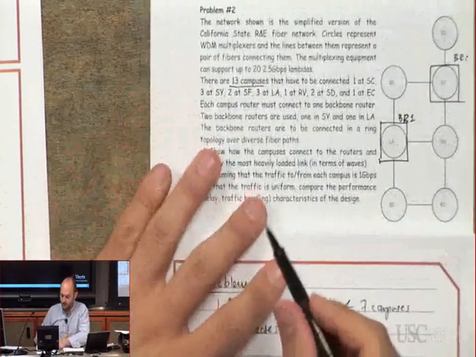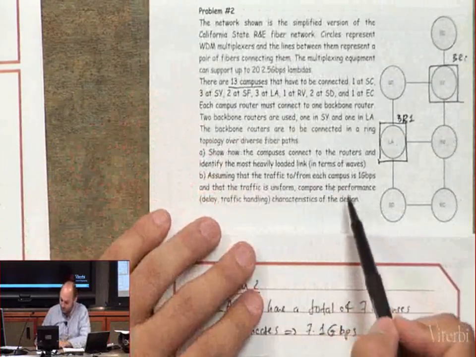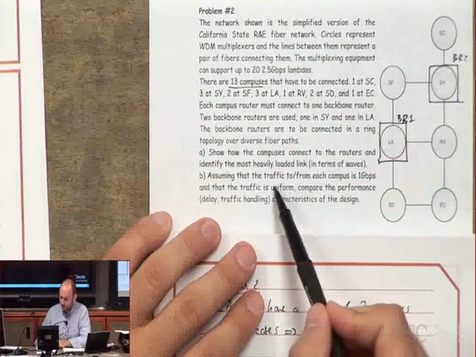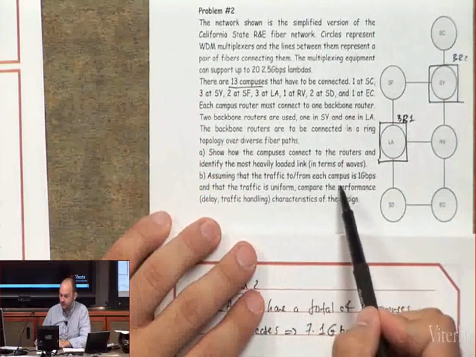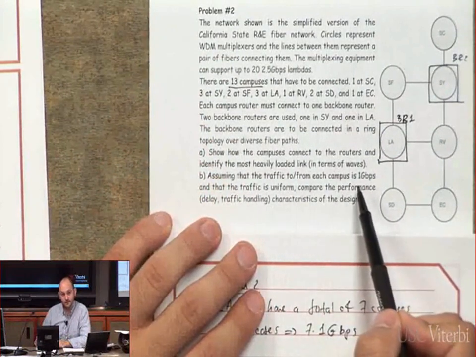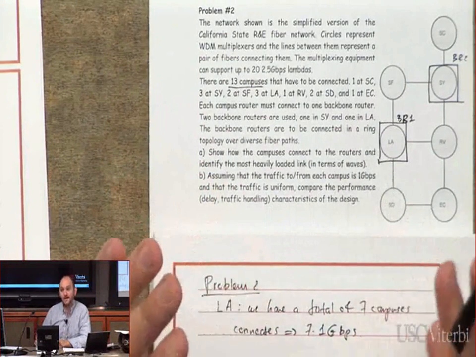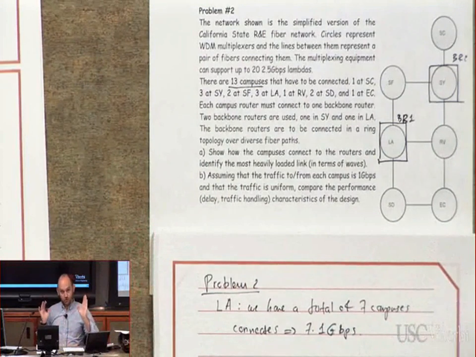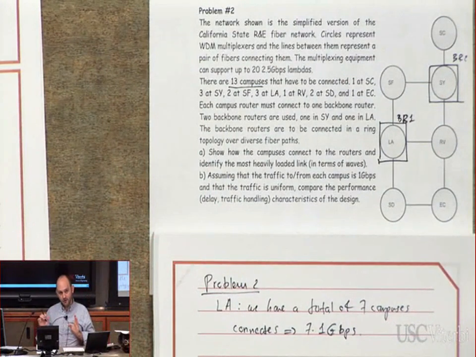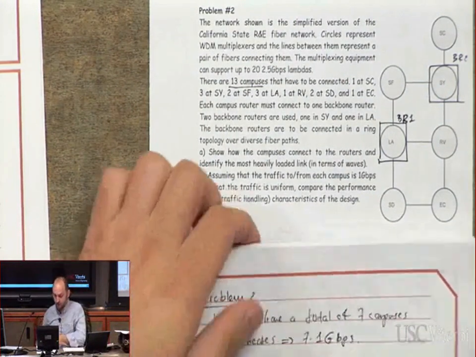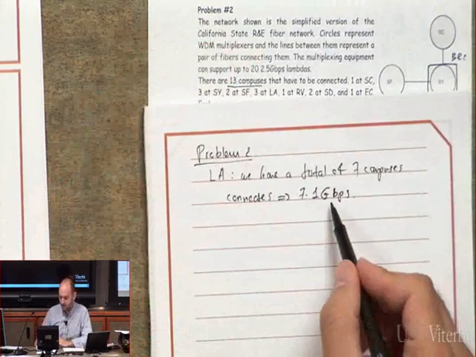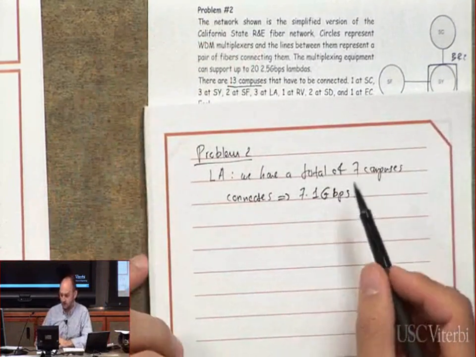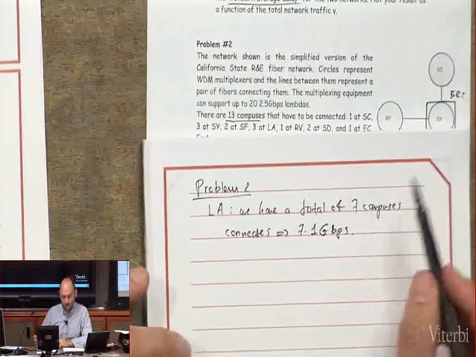Because we know that each campus is, assuming the traffic to and from each campus is 1 gigabps. So the load in the LA router, we said that the campuses need to connect to one of the two backbone routers. So the router needs to handle how much load? 7 times 1 gigabps, the BR1.